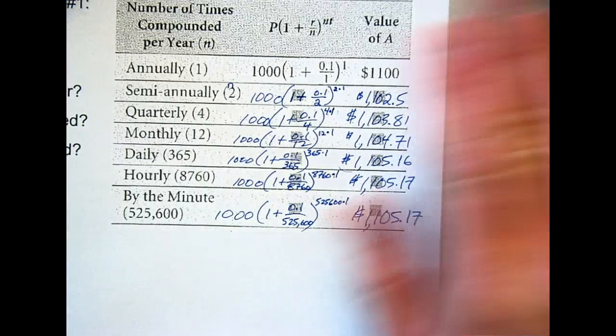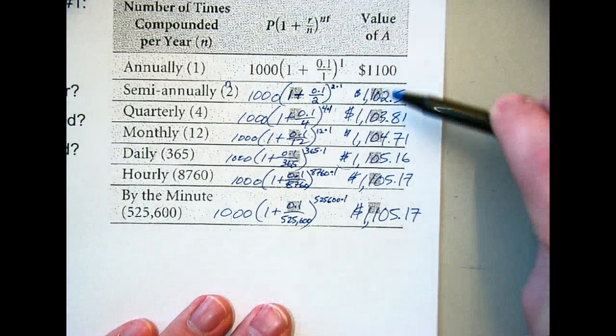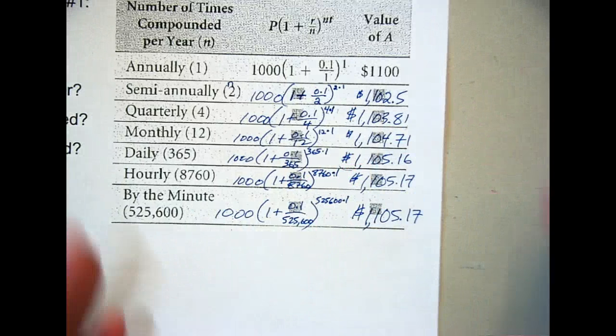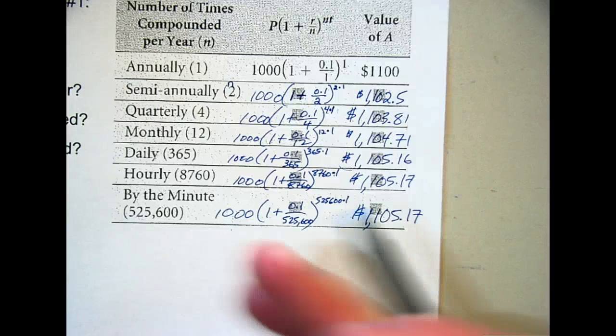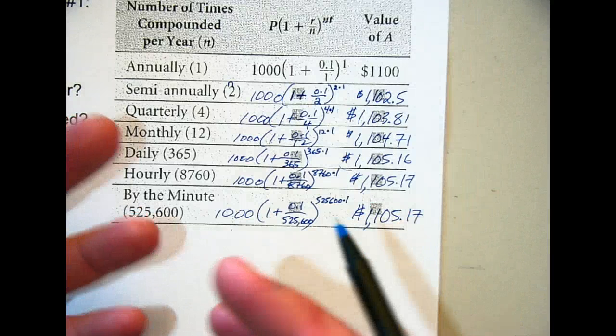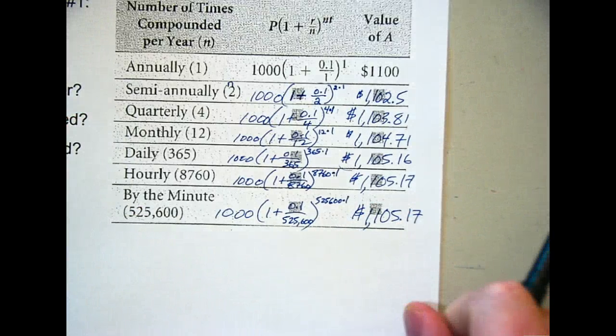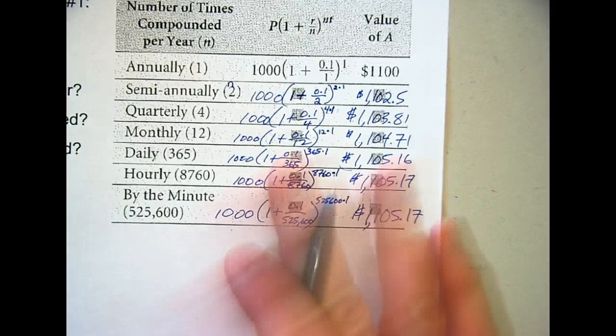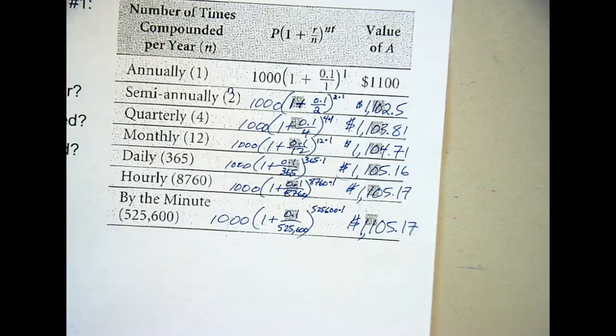Well, what ends up happening as you keep compounding? We went by the minute. We could go by the second. In nature, think about decay. If you have a leaf on the ground and you stare at it all day, you'd say nothing happened. But if you stared at it for a week, you'd start seeing things happening.